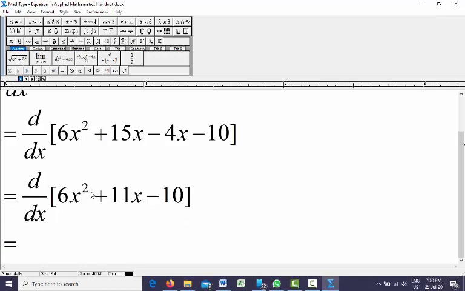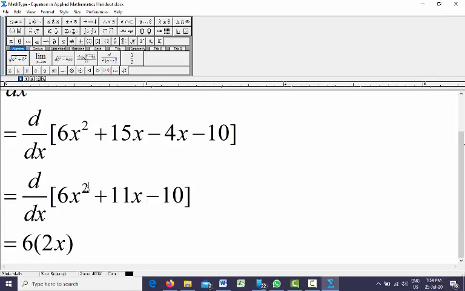First of all, we will do differentiation of this one. Here 6 is the coefficient, so 6 will stay outside, and we do differentiation of x square. The power will come first, and then from the power 1 will be deducted.